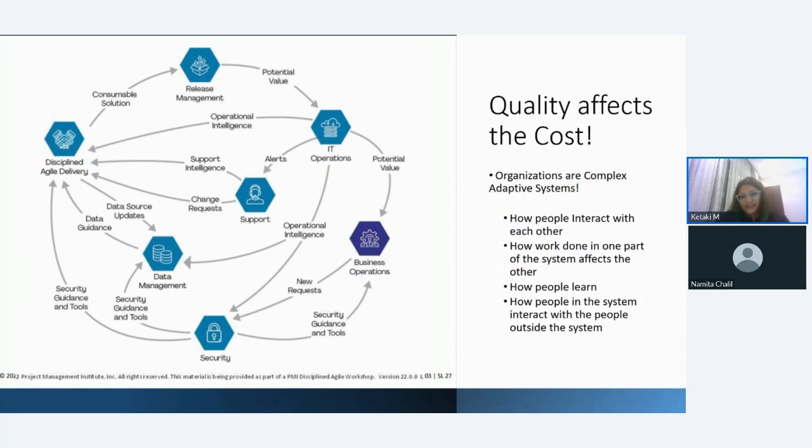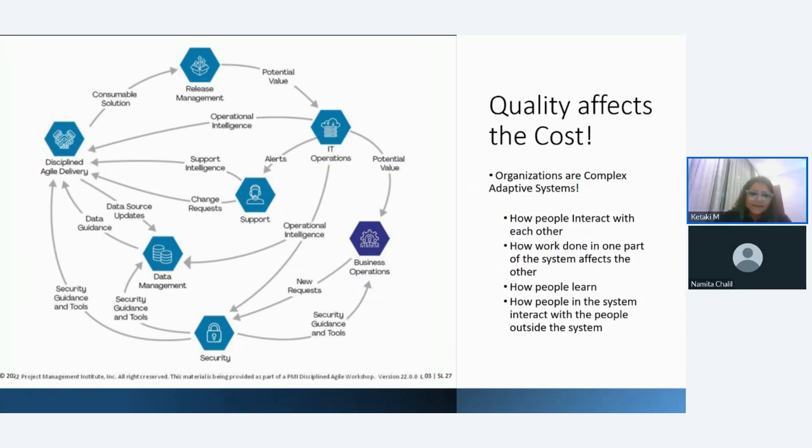Now, quality really does affect the cost. I'm not saying that you should not include security at all cost if it doesn't satisfy your end goal. No. If it brings in quality, by all means, go ahead. Like I said, organizations are complex adaptive systems. In order to bring in any change, for example, recently I had a project in which we had to implement DevOps.